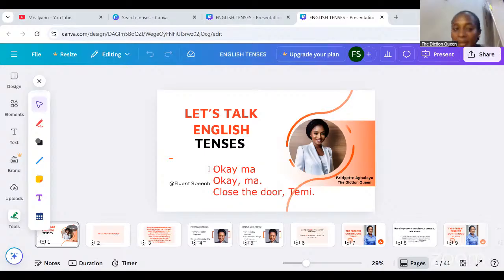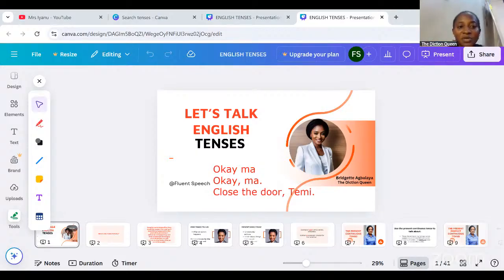So the first step to improving your communication skill, whether writing or speaking, is to learn and practice. When you learn and you do not practice, you would only know it here. You would not be able to showcase it. But when you learn and you practice, you would know and you will be able to showcase it.